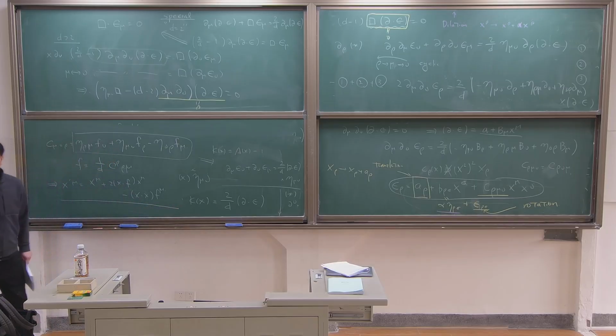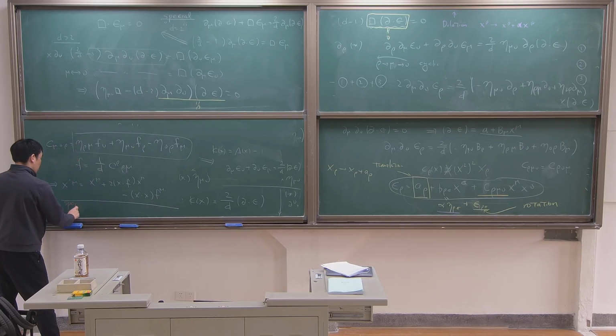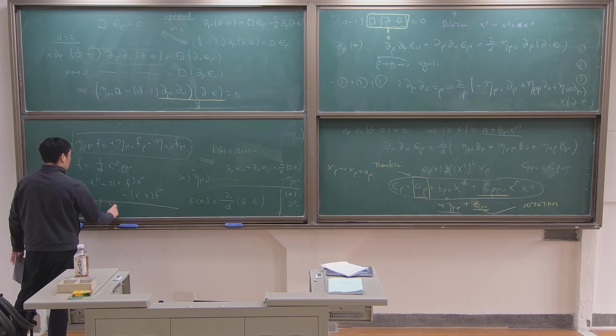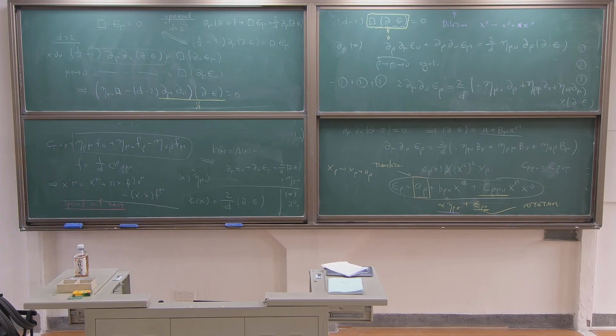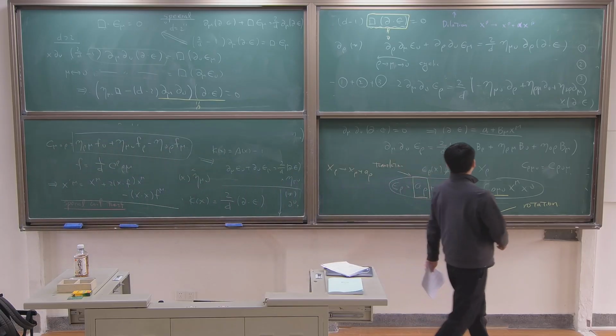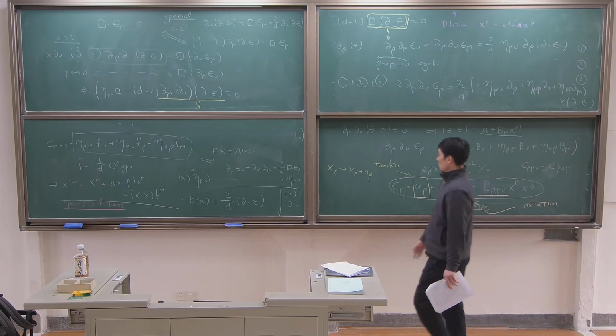This is the familiar form of the transformation rule. This is the special conformal transformation. That's how you obtain it. So, is it okay? Is everything fine with you?